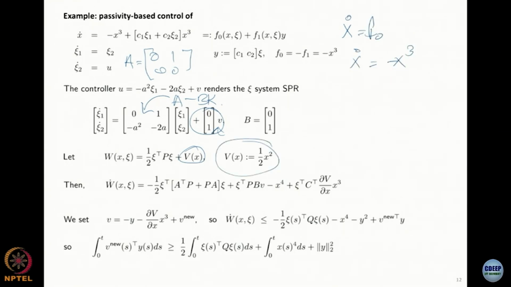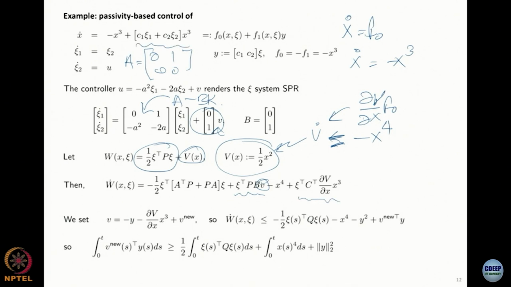Because with that you get V dot actually equal to minus x cubed, if I consider V dot to be the partial of V times F0. And then I have this guy here that will generate this one, and then I can figure out what I have to put in this input to take care of the extra nonlinearities that are sitting there in my system, right?